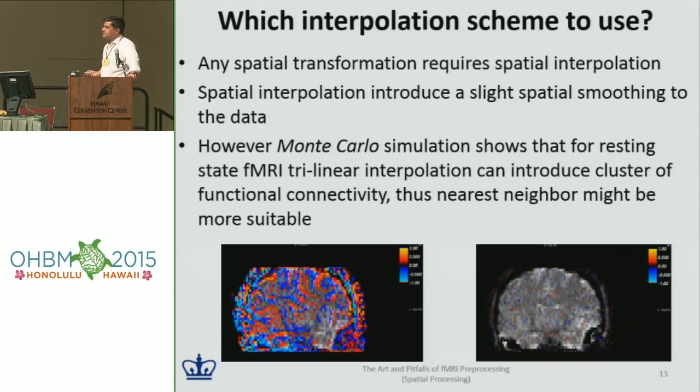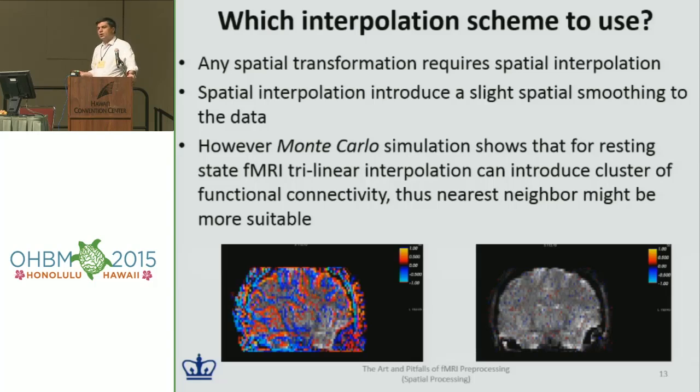In this simulation, I put random noise on each voxel. Every voxel here has completely random Gaussian noise on it. I put a seed in the posterior cingulate, and I computed the correlation between this random noise inside the posterior cingulate and the data itself.